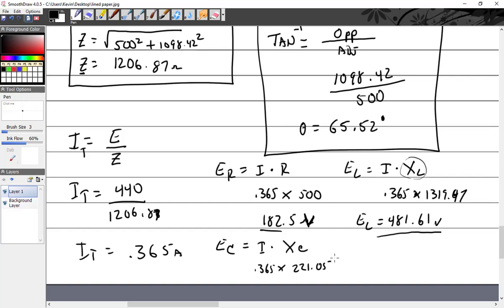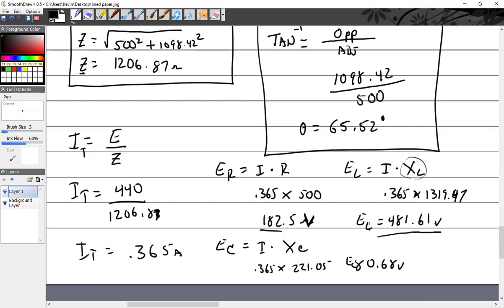That's 80.68 volts. E of C. All right, we got that one.